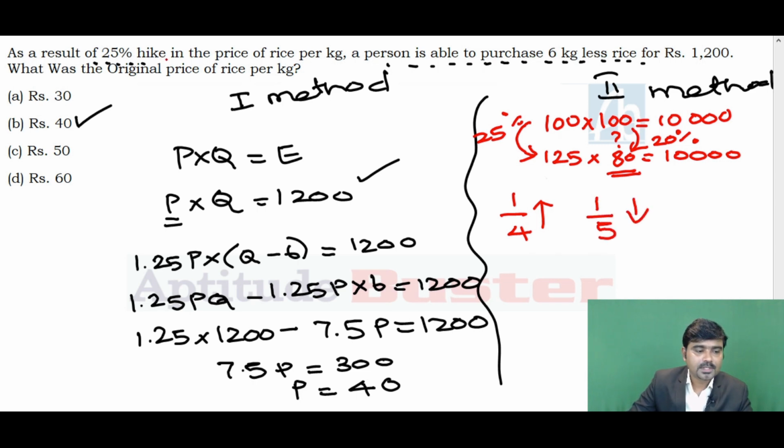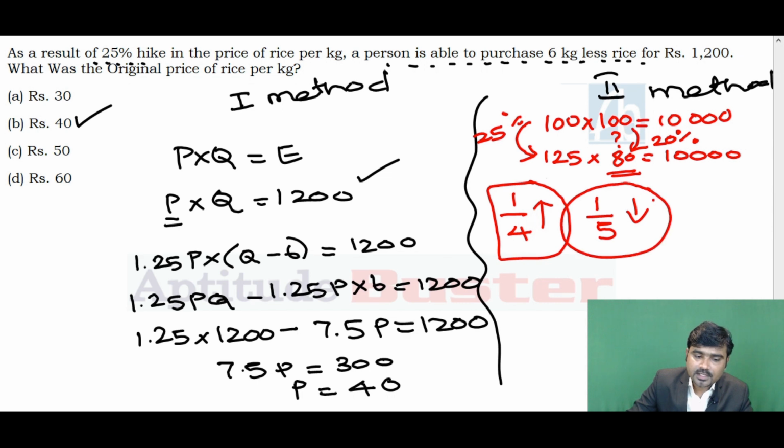As a result of a 25% hike in the price of rice per kg, a person is able to purchase 6 kg less rice for 1200, right? So as per this logic, if the price is increased by 25%, quantity will be decreased by 1 by 5th of X, right?